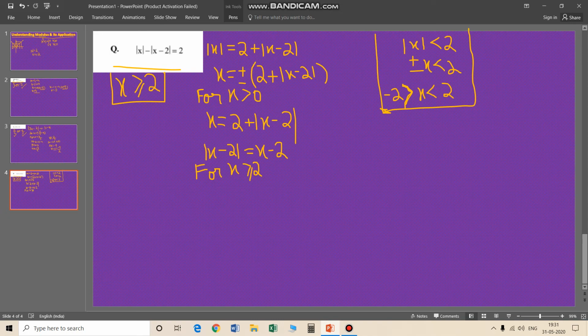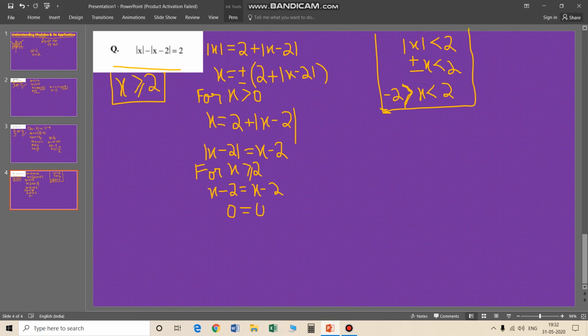Here we will think about equals everywhere. See what will happen. For x greater than or equals to 2, we will get x minus 2 is equals to x minus 2. Yeah, what is this? Everything will cancel, the answer will be 0 equals to 0.